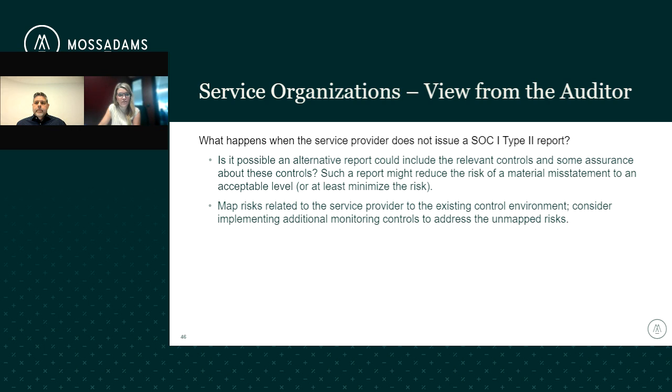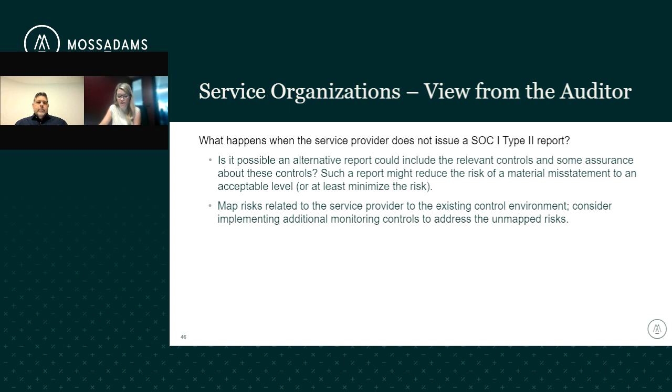Before we go further, we may already have it in the chat. The most popular question that we get is what happens when the service provider does not have a SOC 1 Type 2 report. As I mentioned, you may be able to leverage another report like a SOC 2 for very limited purposes.